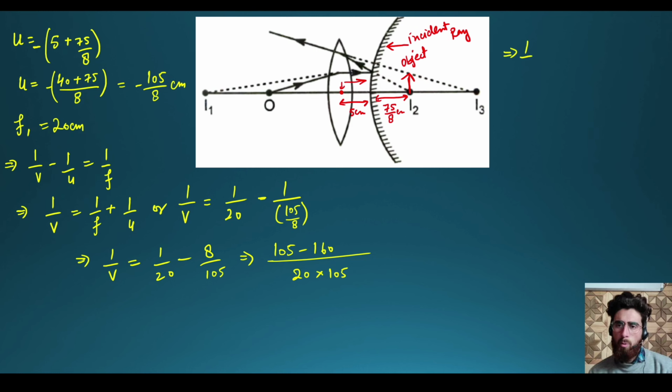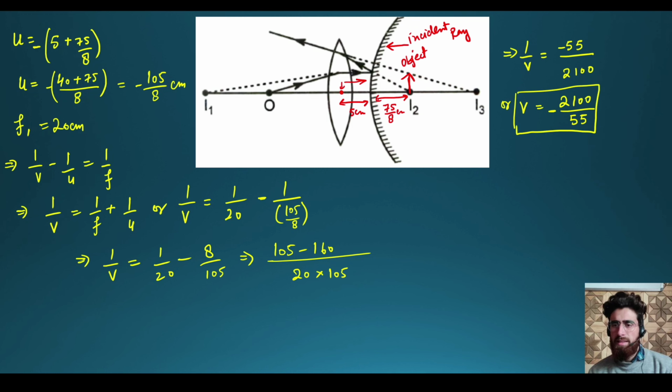So 1 upon v will be equal to 105 minus 160, which is minus 55, upon 20 into 105, which is 2100. Or I will write that v equals 2100 upon 55, and the sign is going to be negative. It's approximately equal to 50 centimeters, but it's negative.